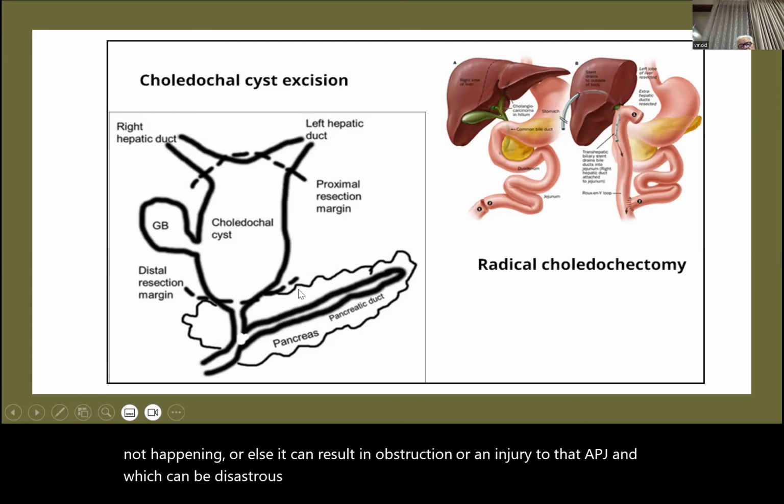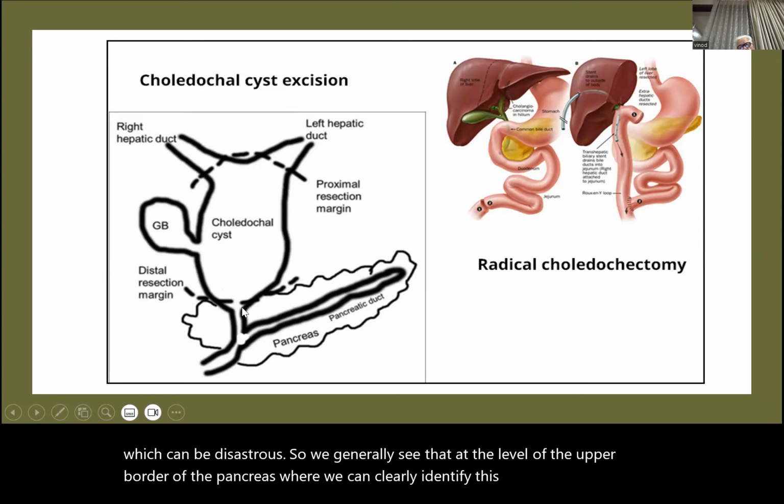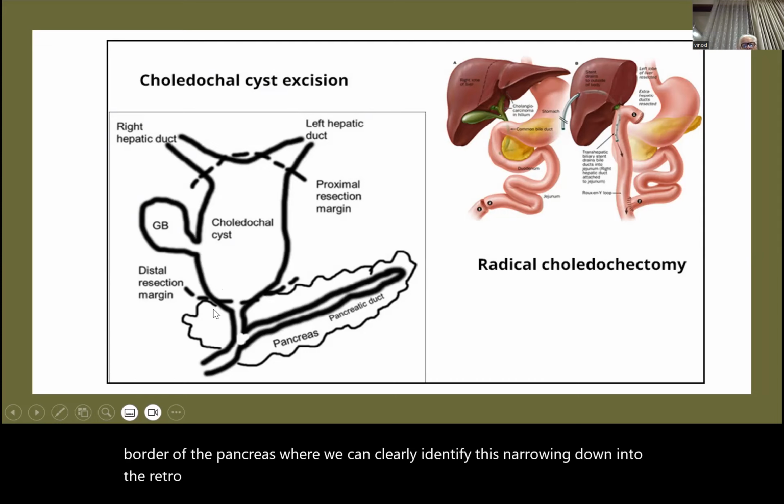So we generally see that at the level of the upper border of the pancreas, where we can clearly identify this narrowing down into the retropancreatic part of the bile duct, that's the level up to which we excise.